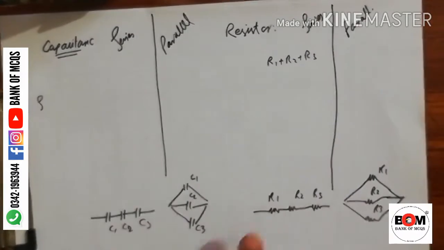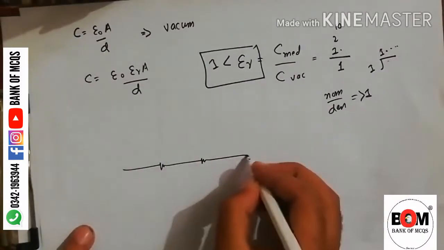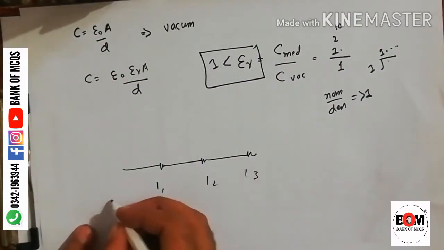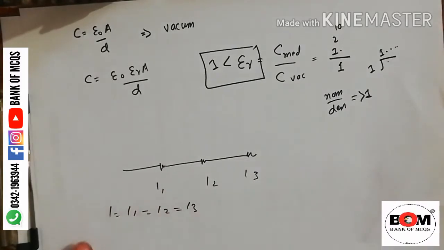Now to derive this equation is very simple, because if this is series, the current remains constant, the current flow is the same. For example, this is R1, this is R2 and this is R3. So I1 is equal to I2 is equal to I3, and the total I is equal to I1, I2 and I3.